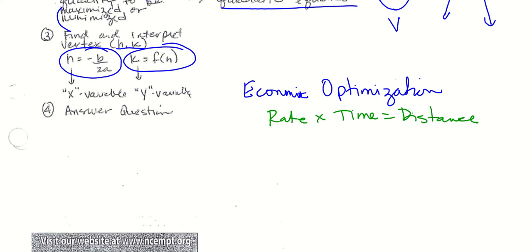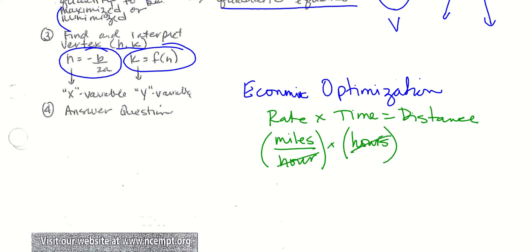If we follow the units of that, let's say our rate is how fast we're traveling, measured in miles per hour, and our time is measured in hours. If we multiply those together and do unit analysis, the hours would divide out, and what we would be left with is miles, which is a distance measurement.